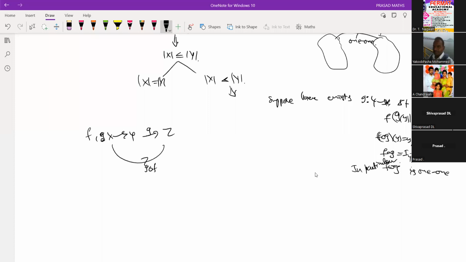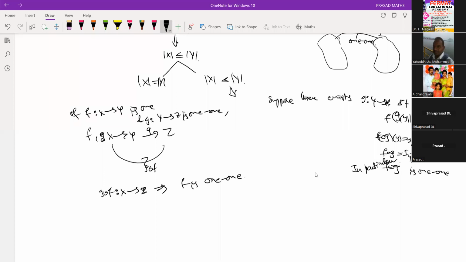Right? This is the composition. Whenever g circle f is a 1-1 function from X to Z, automatically f is a 1-1 function. Whenever f is a function from X to Y which is 1-1, and similarly g is a function from Y to Z which is also 1-1, then the composition is also a 1-1 function. The converse is also true, but the converse is true only for f.